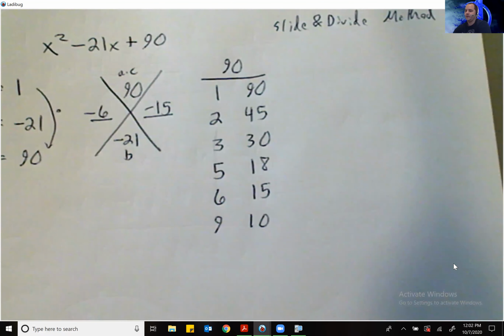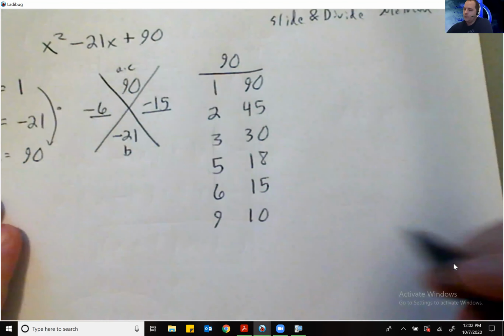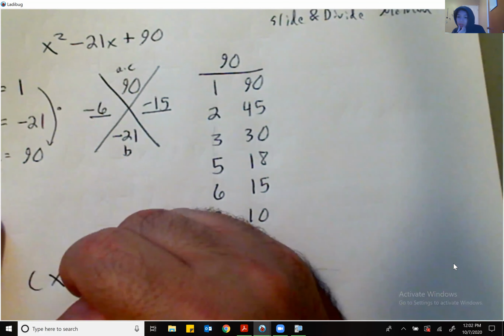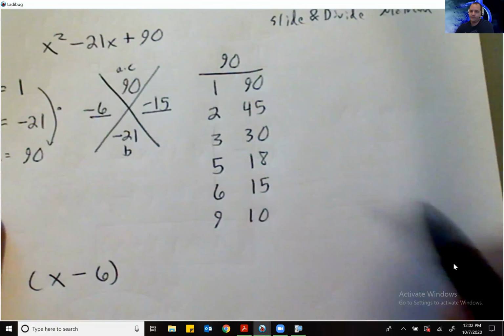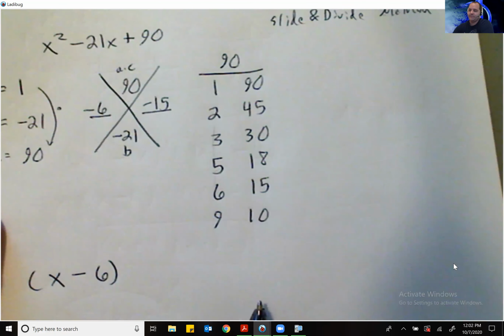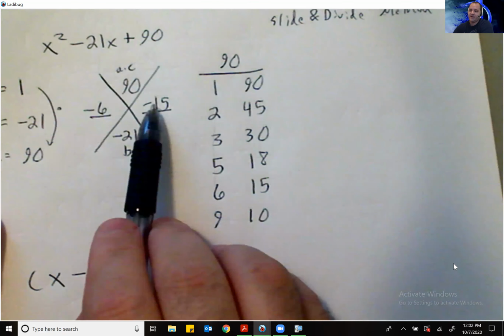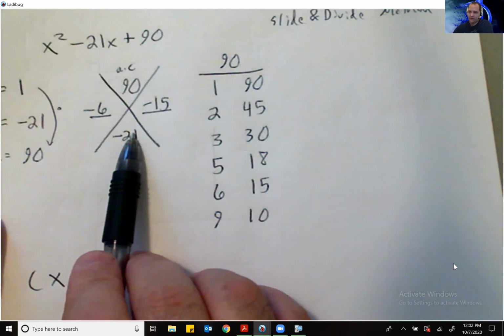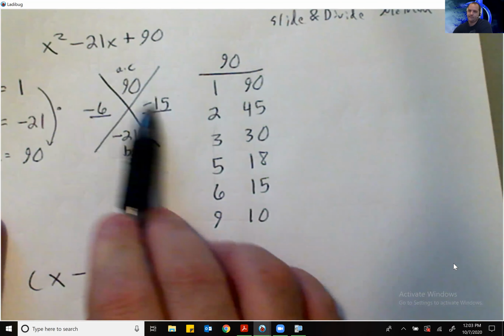Okay. So now we set up our parentheses. They're both going to be negative? Yes, they both have to be negative. Because a negative 6 and a negative 15 will give us a negative 21 when you add those together. And when you take a negative times a negative, that's a positive.